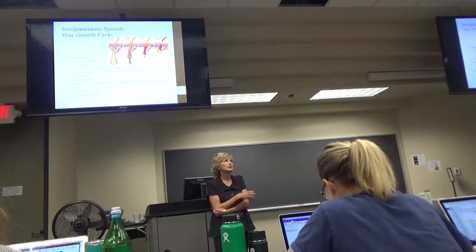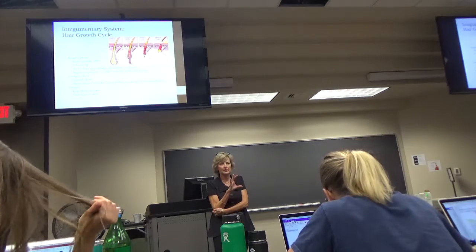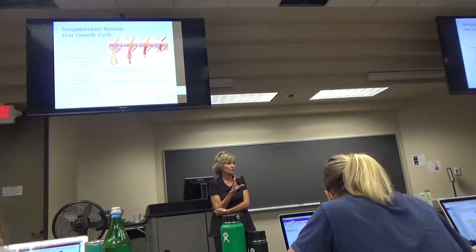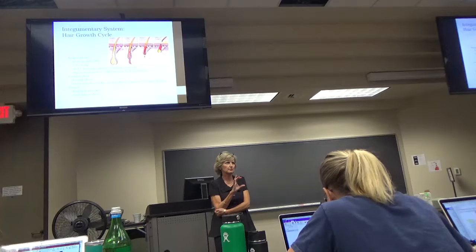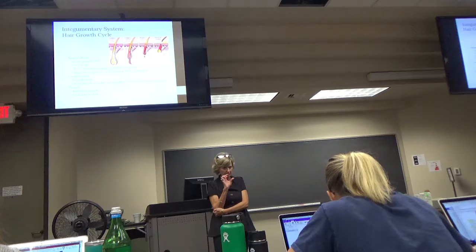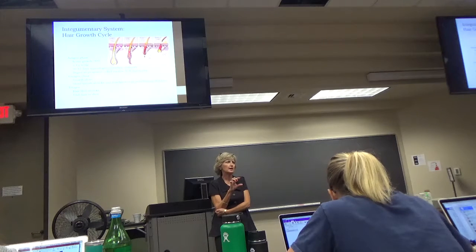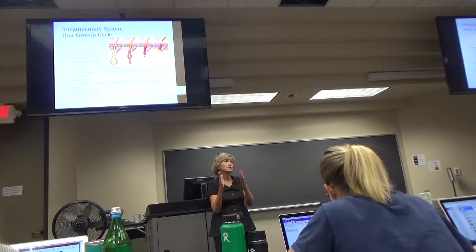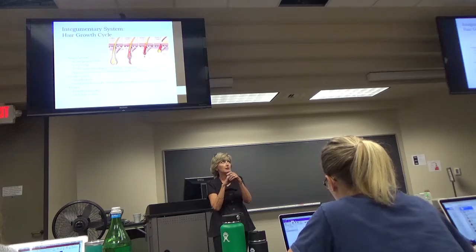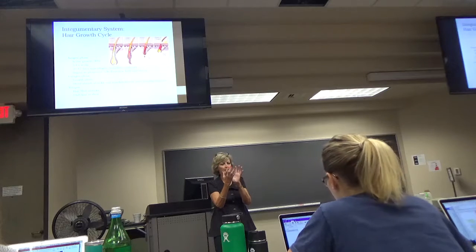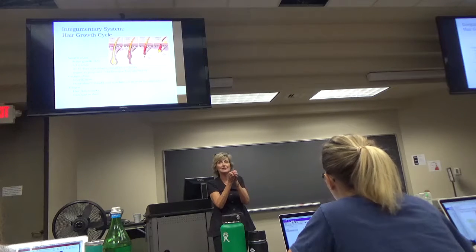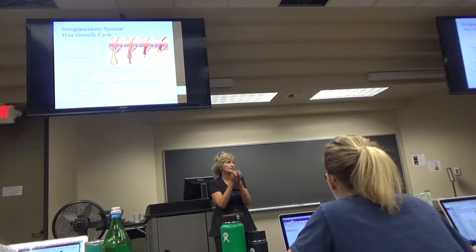The catagen and telogen phases are much shorter, more like days, weeks, a very limited part of that life, but it's where that growth will be terminated. So there really is just separation of the papilla and closure of the matrix, and then some of that sheath will actually close down on the hair itself, and the follicle kind of dissipates.